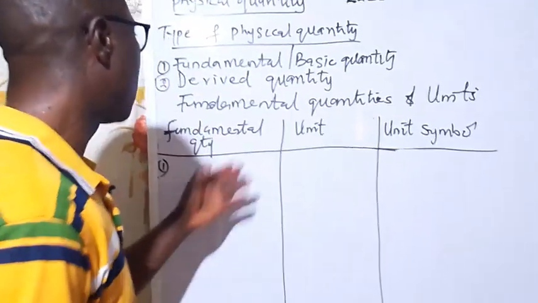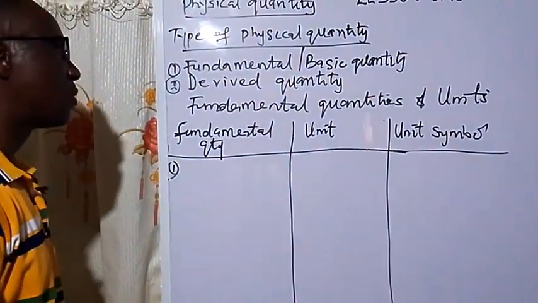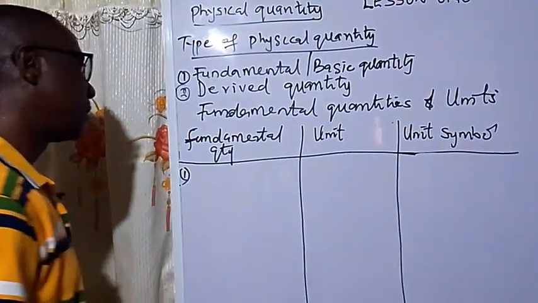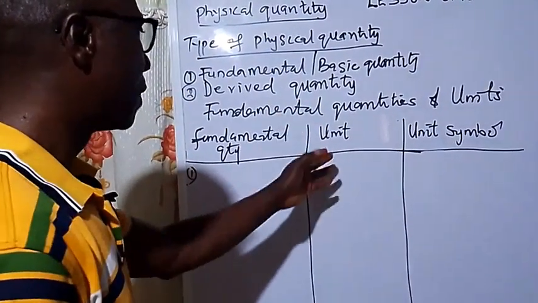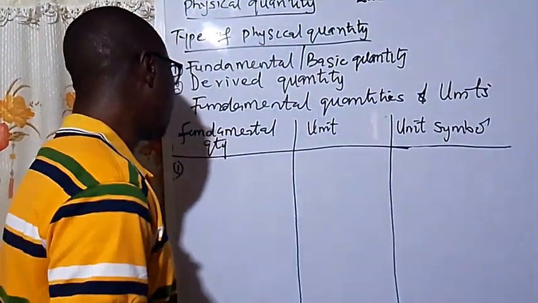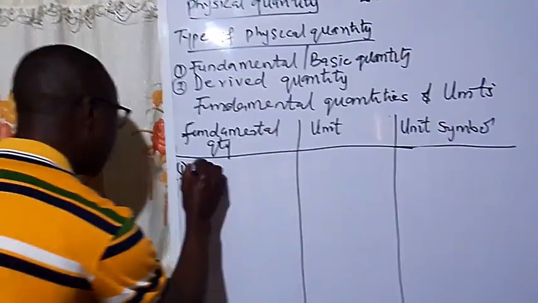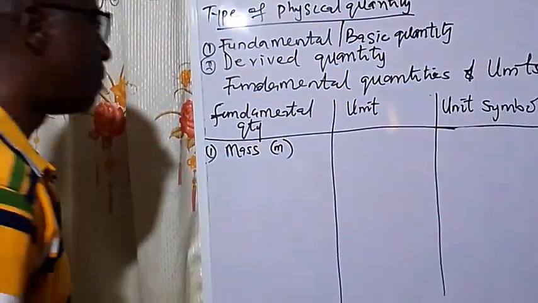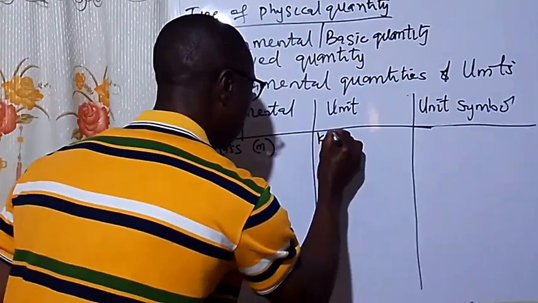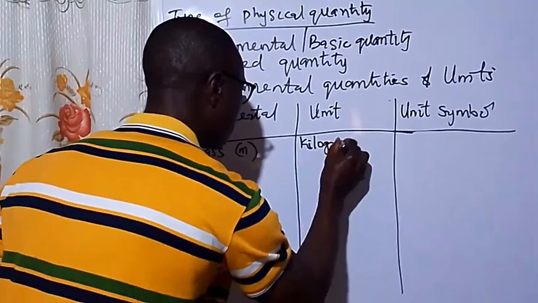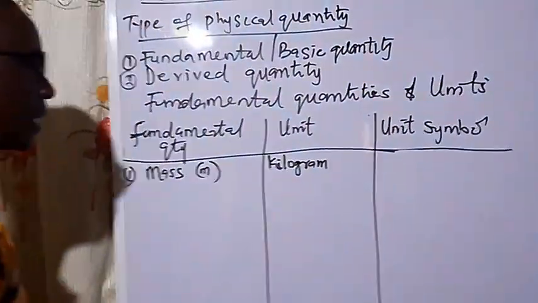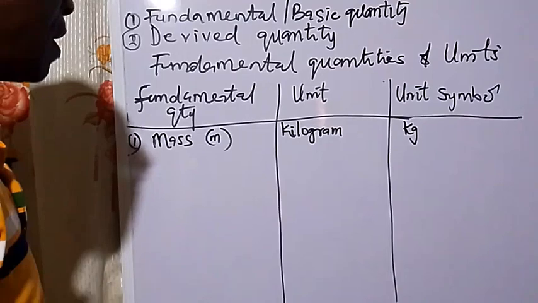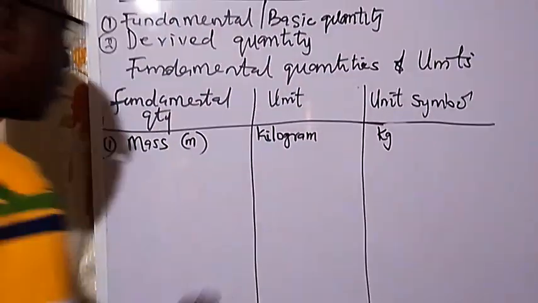Now, let's look at the various examples of fundamental quantities and their units. Majorly, we have 7 fundamental quantities. I will mention them together with the unit and their symbol. The first one is mass. The unit for mass is kilogram, and the symbol is kg. At the same time, mass can also take gram.